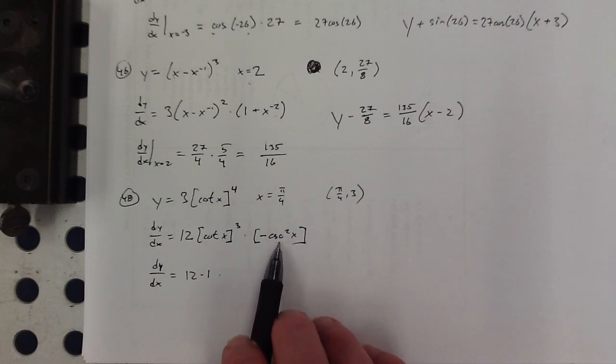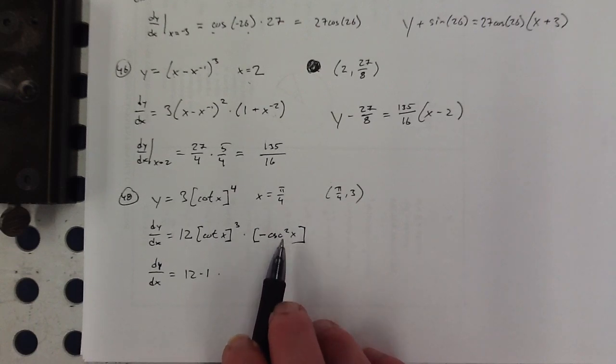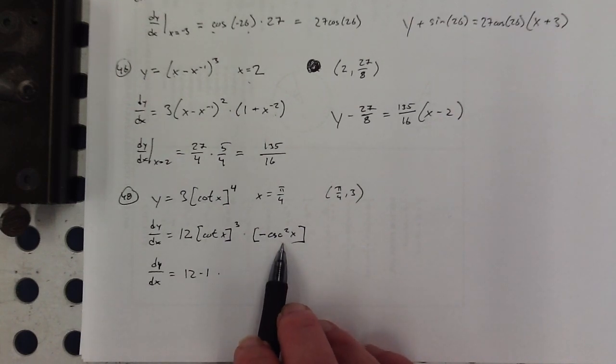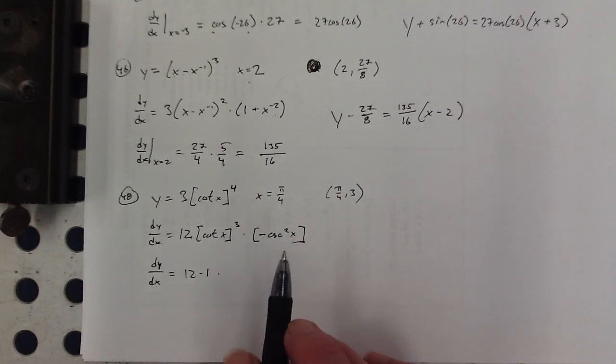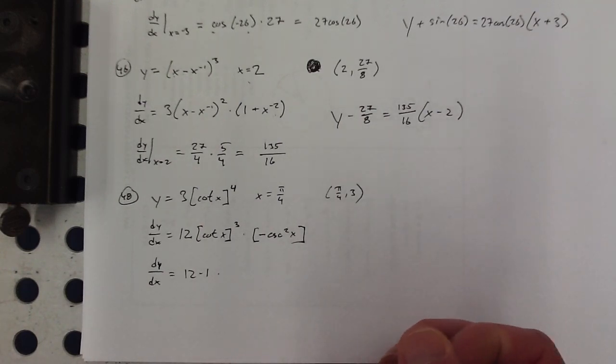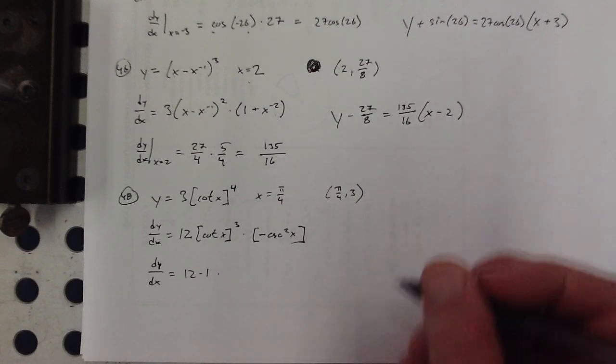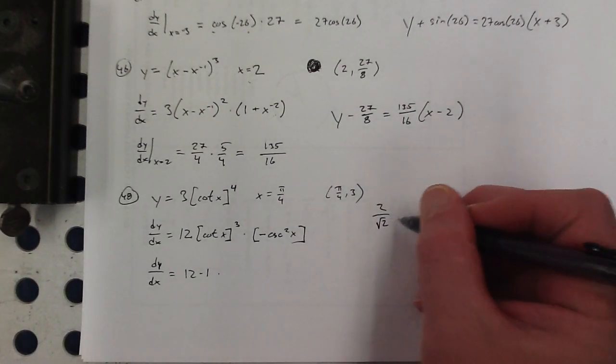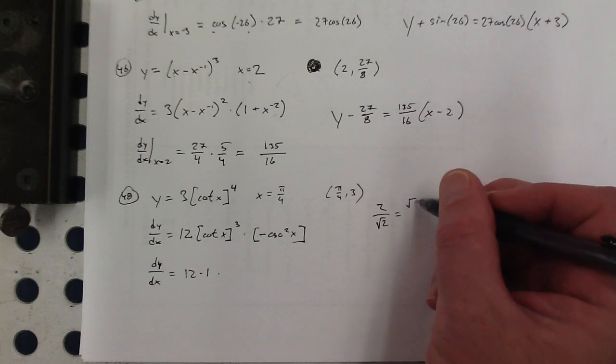That's upside down of sine, right? So the sine function at pi over 4 is the square root of 2 over 2. So if you flip that over, that's 2 over the square root of 2. But of course, 2 divided by the square root of 2 is just the square root of 2, right?